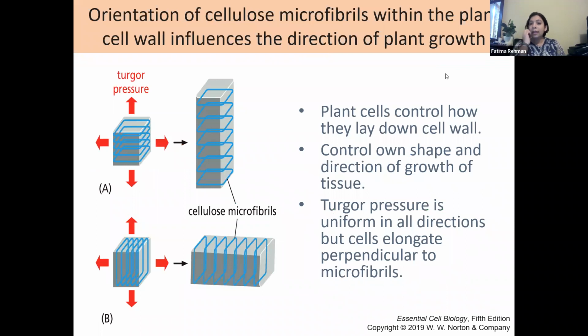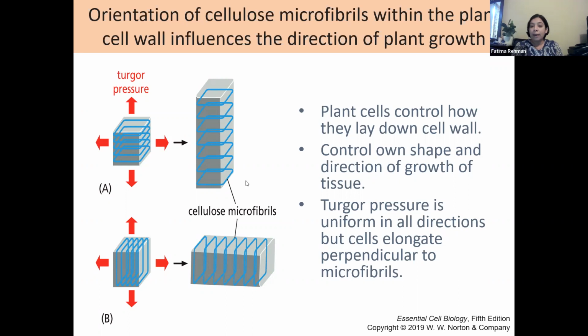So looking at this, the orientation of these microfibrils is very important in directing the way the plant will grow and how it can interact with the environment, what type of stimuli can interfere with it or work on it. The plant cells will control how the cell wall is laid down as they grow towards the light, for example, or as they are going into a structural support to maintain a particular shape.